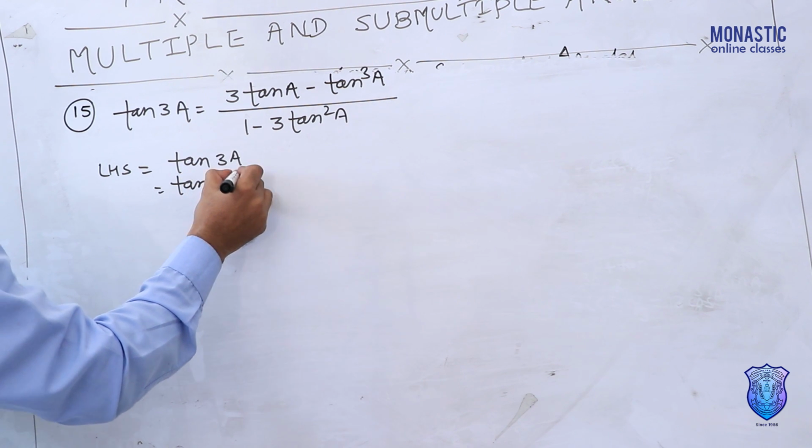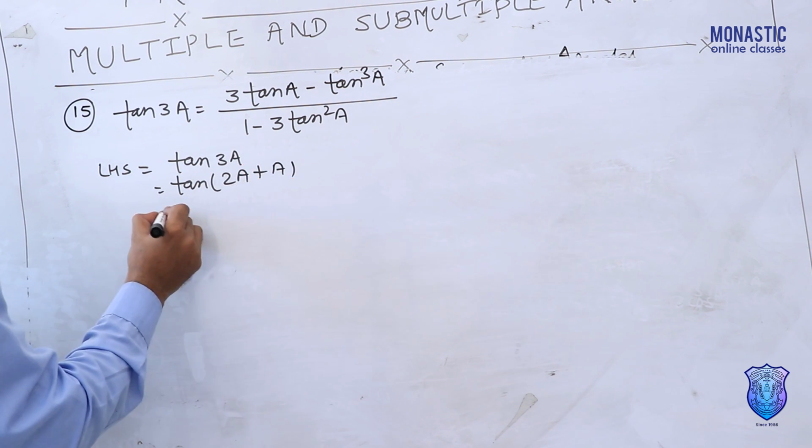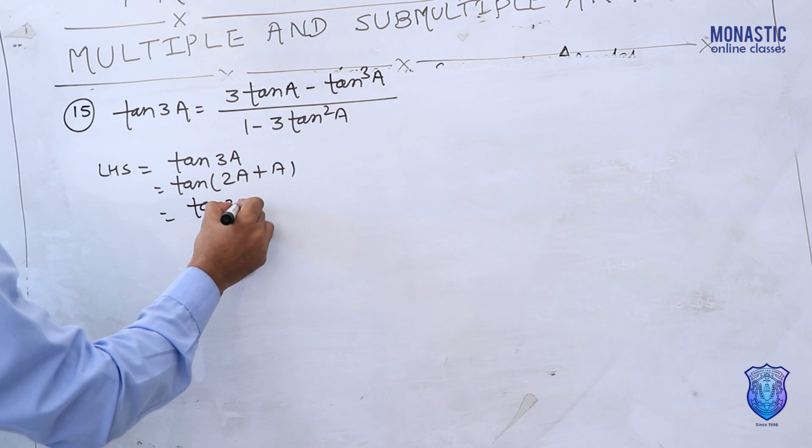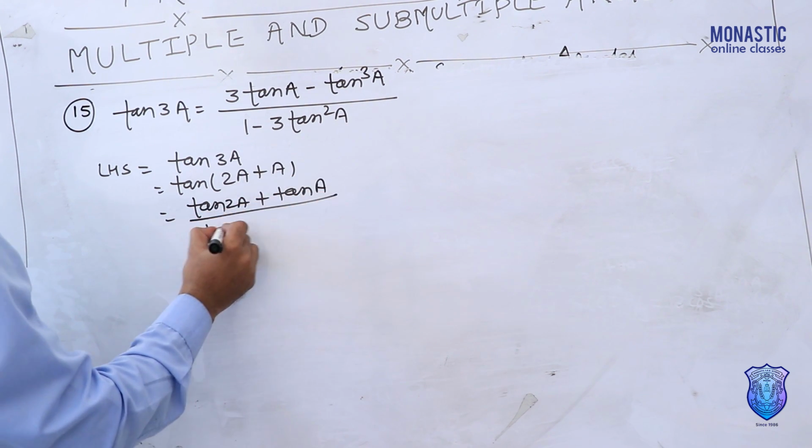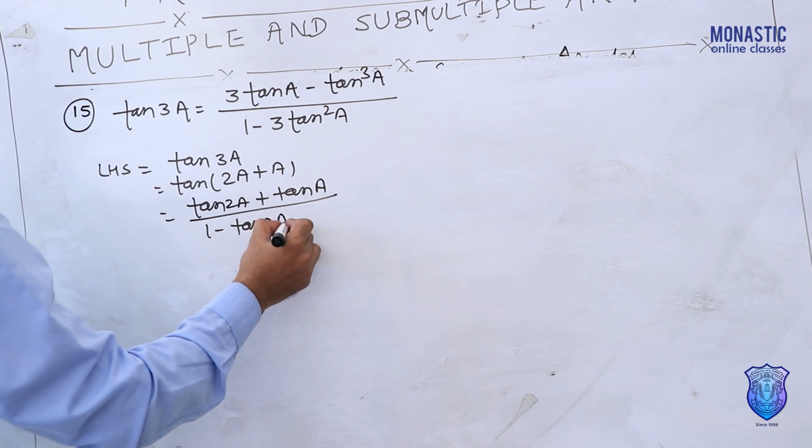Tan of 2A plus A, tan 2A plus tan A by 1 minus tan 2A into tan A.